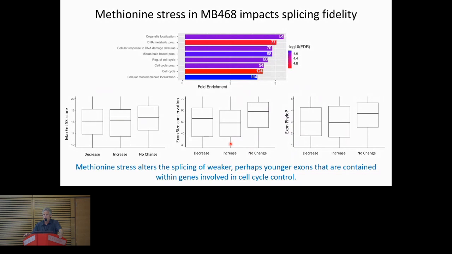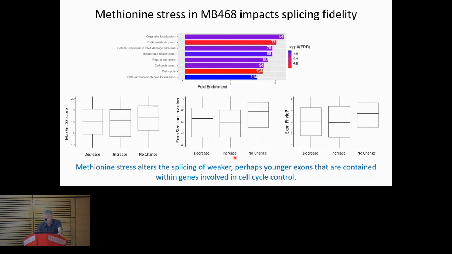Or if you look at sequence conservation, what you can see is that these exons that we're losing upon methionine stress are not such good exons. And what we would almost say is that they are likely younger exons. So we're losing exons that do not have the highest recognition potential.